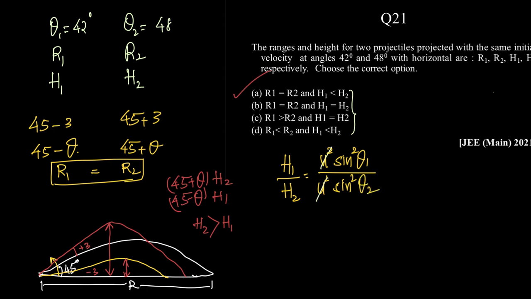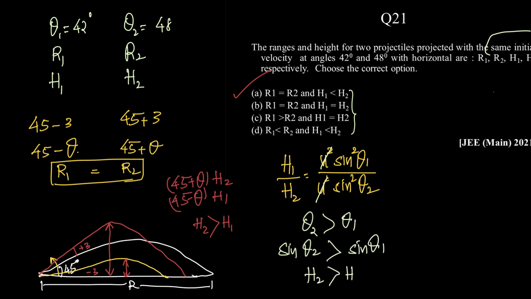Now u square by u square is 1, because they're projected with the same velocity. In which case this is equal to sine square theta 1 by sine square theta 2. Since theta 2 is greater than theta 1, sine theta 2 is greater than sine theta 1, and therefore h2 is greater than h1, which confirms the logic.